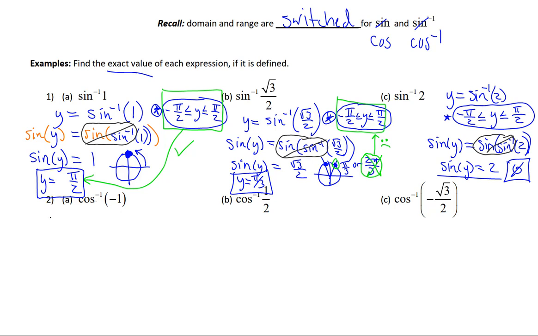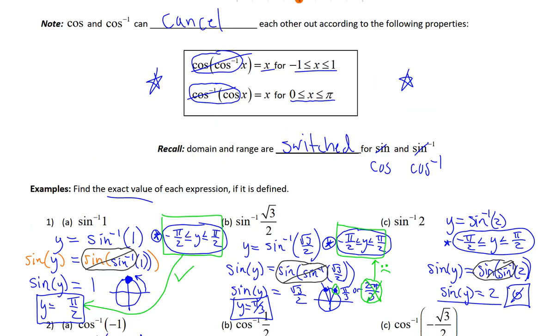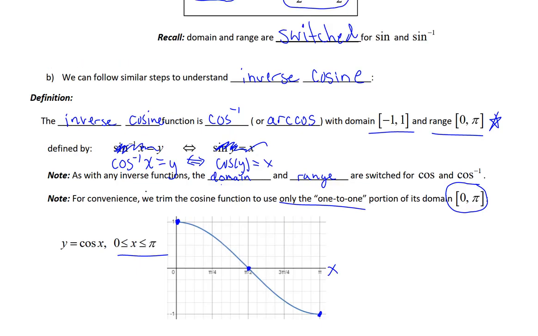So we're still going to use this trick where we take the original expression and write it as y equals cosine inverse of negative 1. And when we do that, we're going to immediately note what the values of y could be, in other words, the range of cosine inverse. So refer back above if you'd like.